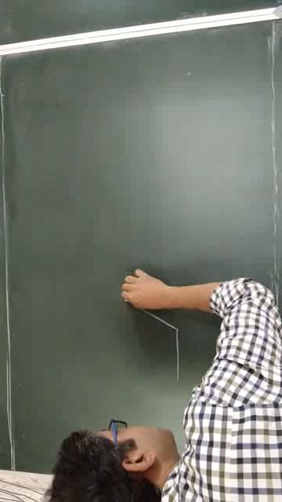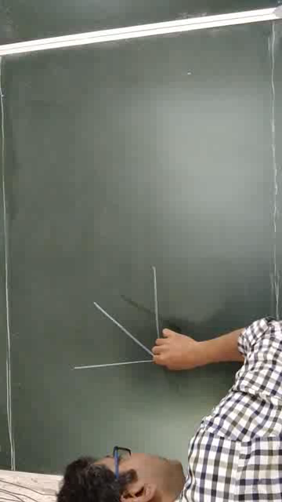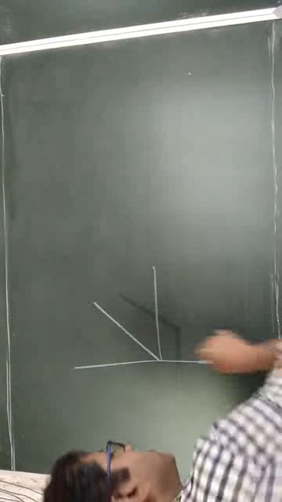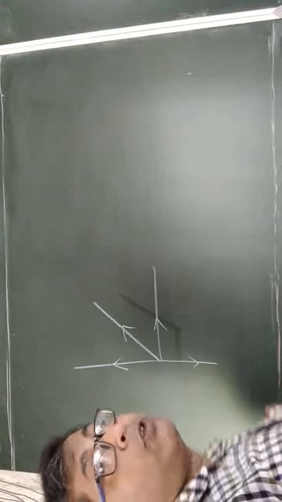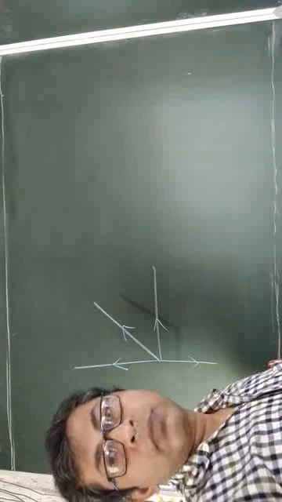Now to solve the next problem, I am recapitulating a fact which I have discussed before, that when a number of vectors act simultaneously from a certain point, and if you are asked to find their resultant vector, then what we have done?